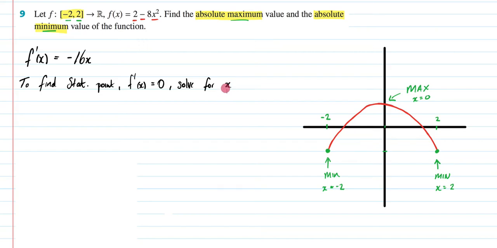So let's now do it. This will be 0 equals -16x. I'm then solving for x, so I'm going to divide both sides by -16. 0 divided by -16 will be 0, and right here this will cancel with that, so I'm just going to be left with that. So that means at x equals 0, I have a stationary point.